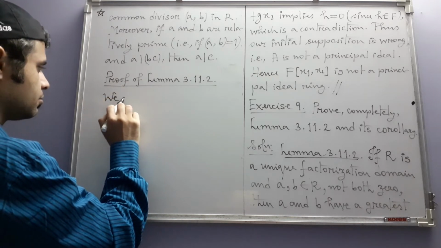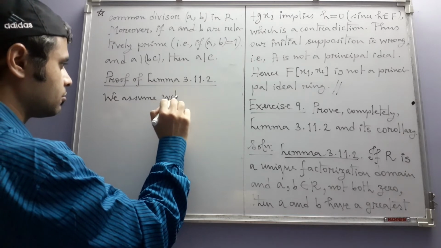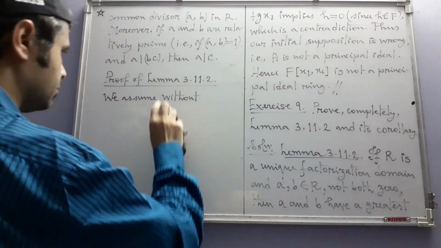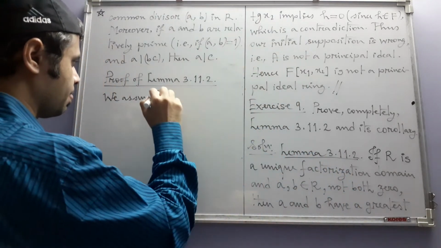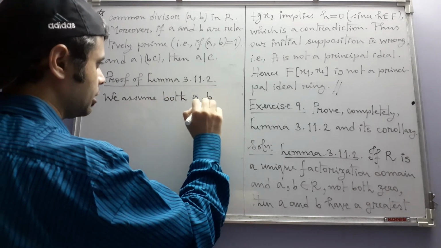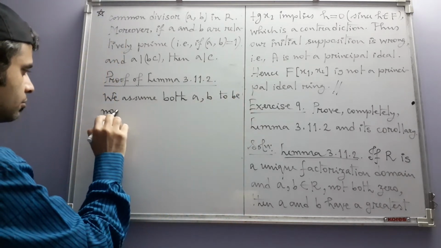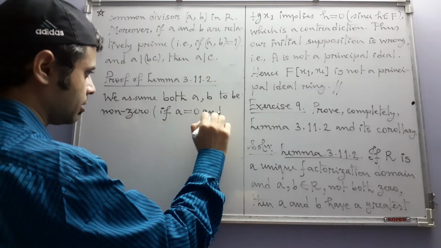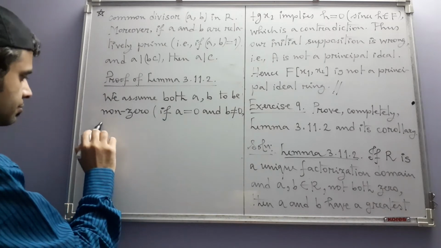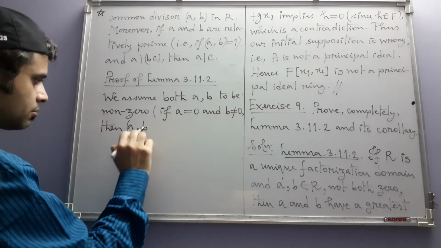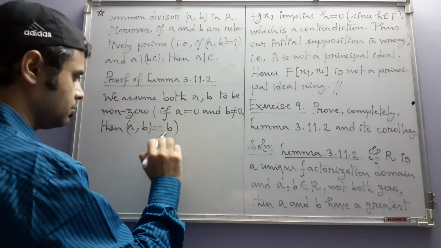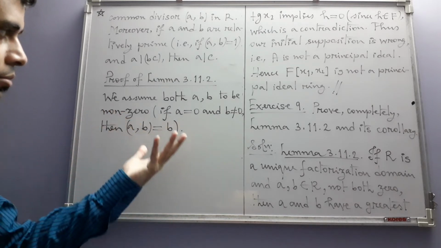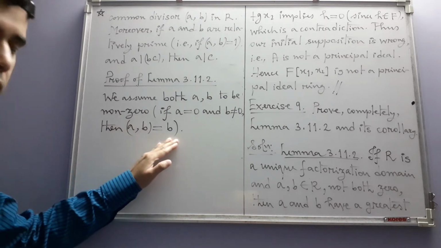So we assume, we cannot write without loss of generality exactly, but we assume both A and B to be non-zero, and the reason is this: if A is 0 and B is non-zero, for example, then the GCD is equal to B. One can see that the definition of greatest common divisor that we have given for two elements in a unique factorization domain is satisfied in this case.